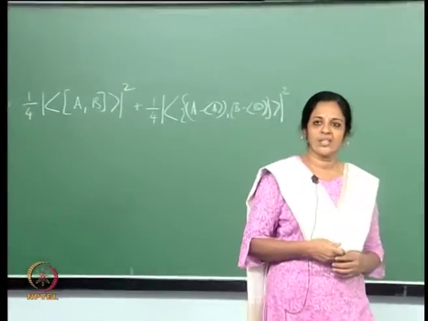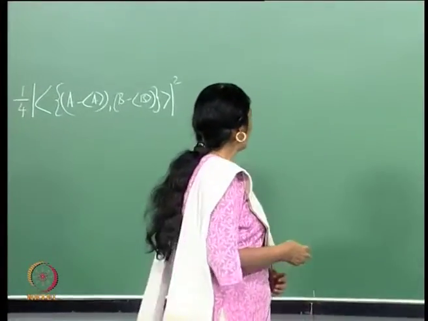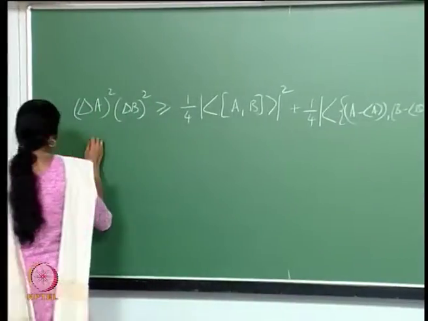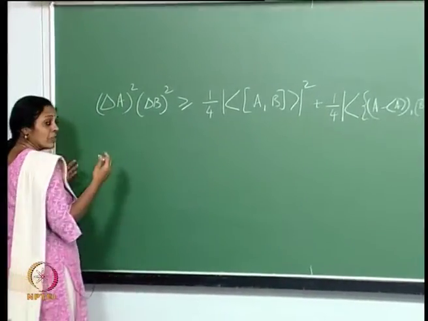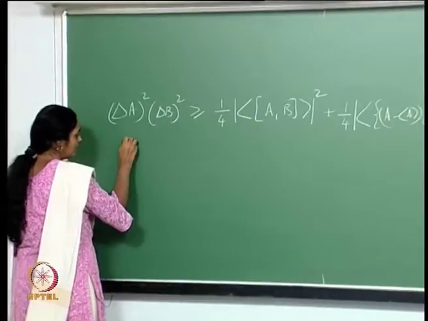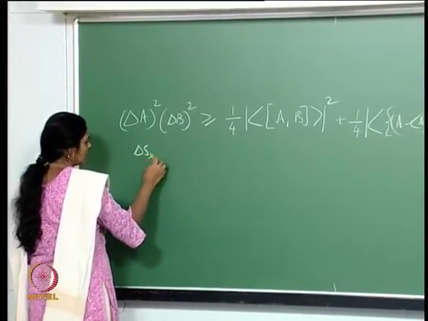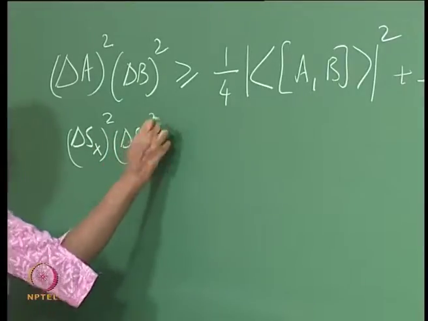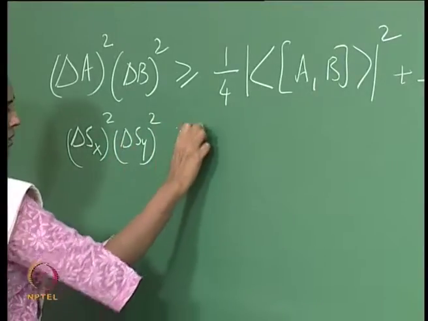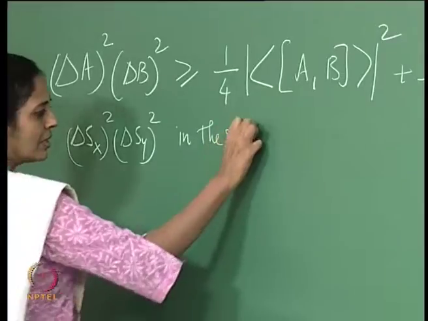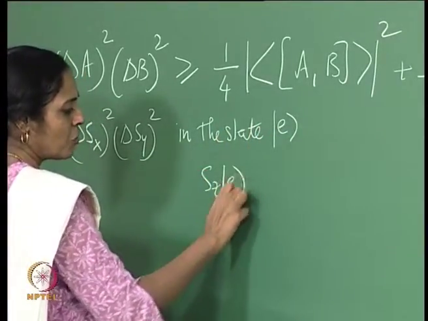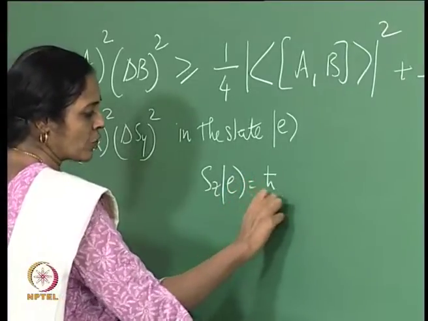We looked at two cases. The first case we looked at was the spin system, or equivalently the two-level atom model, where we computed this in the state ket E, which was an eigenstate of Sz with eigenvalue h cross by 2.